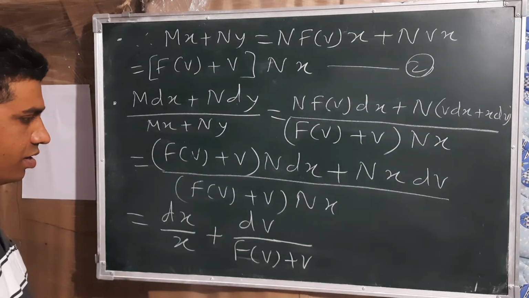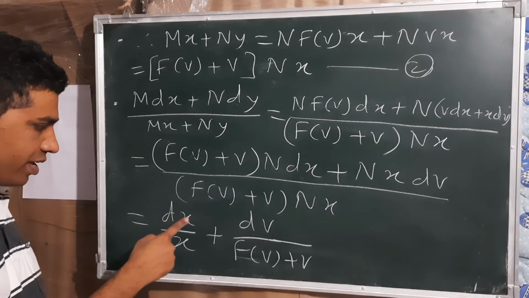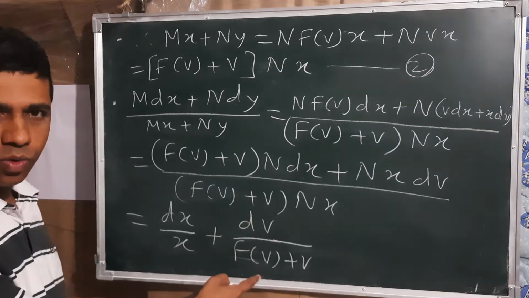Okay. Now the right hand side is an exact differential because the coefficient of dx is a function of x only, and the coefficient of dv is a function of v only.